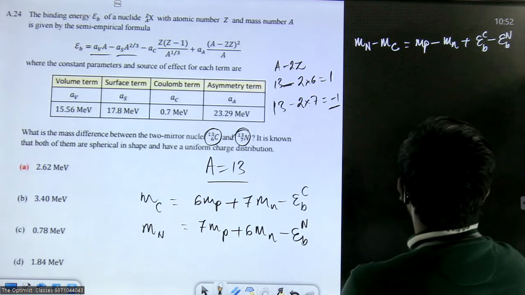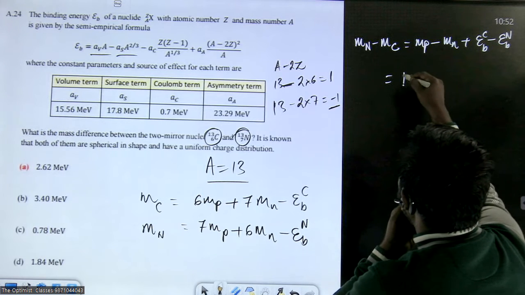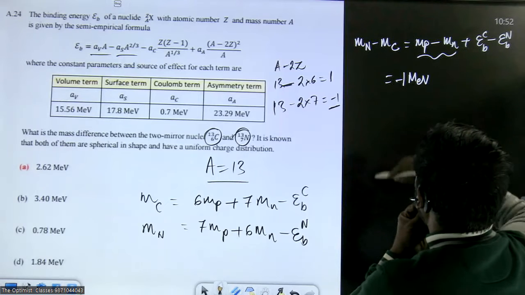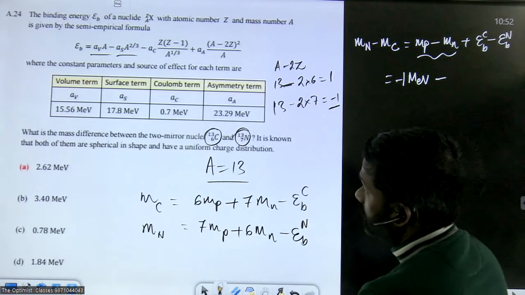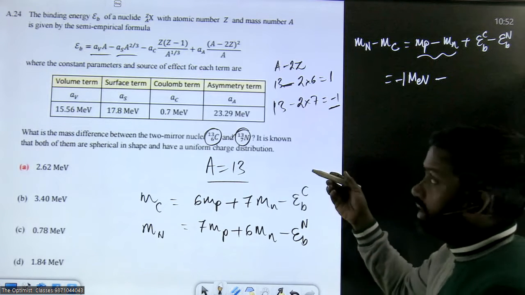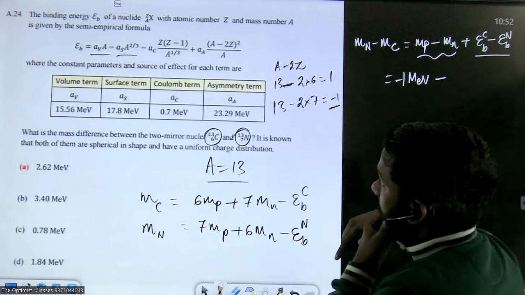This is what we have. The mass of proton minus the mass of neutron is close to minus 1 mega electron volt. This data must be given in the beginning of the question paper, so we can check from there. Now these two differences we have to calculate.